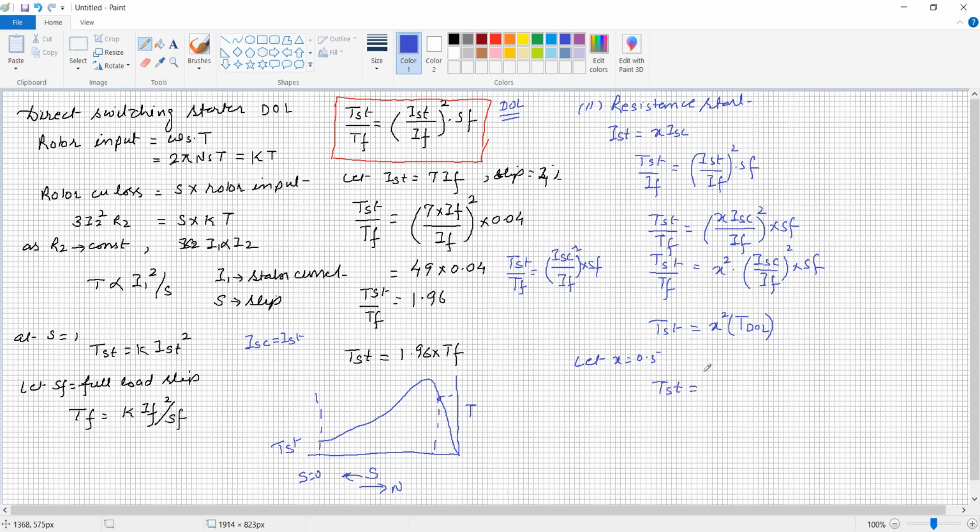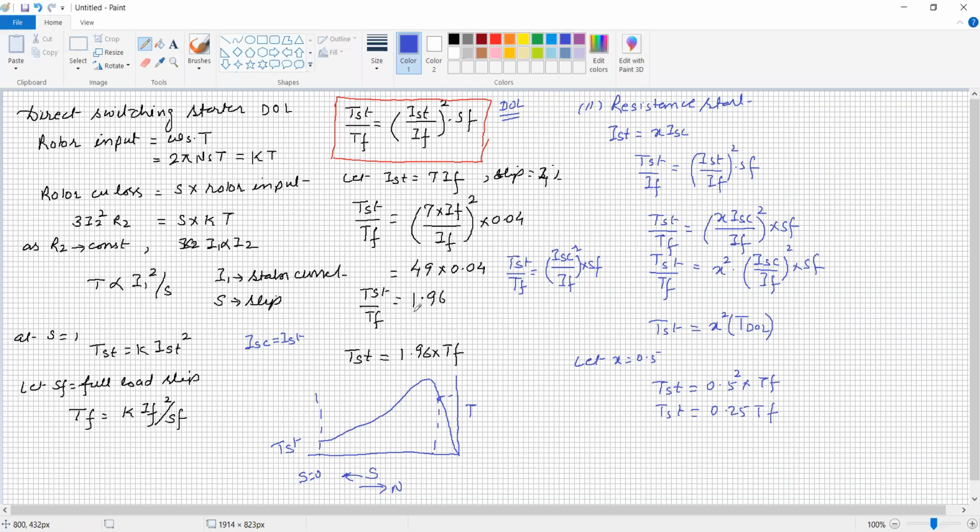Starting torque is equal to 0.5 square multiplied by full load torque, so it is 0.25 into T. We can say that the starting torque of the motor by resistance starting is reduced by 25%.